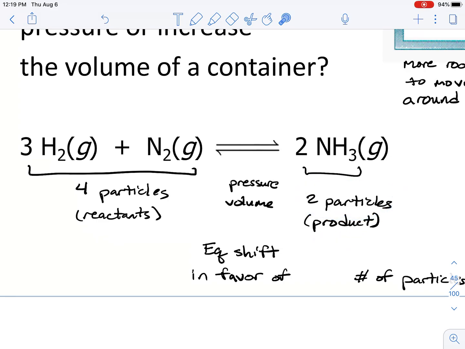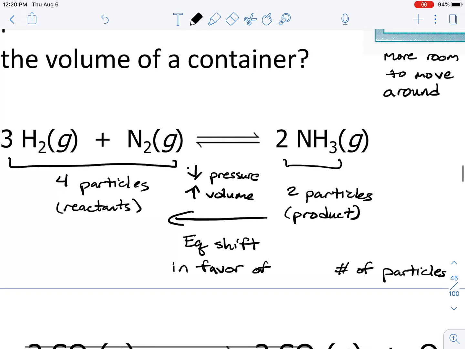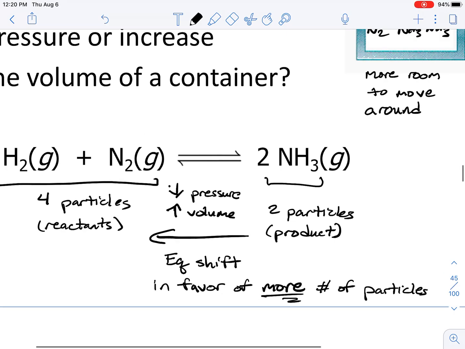And so if you increase the volume by decreasing the pressure, then the equilibrium will shift in favor of the side that has more particles.